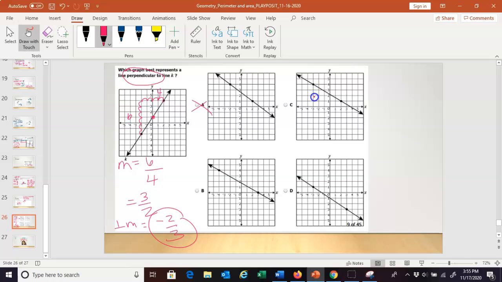Down 2. These are so close. Over 3. Nope, that one's not on the grid mark either. Down 2 over 3. Whoops. 1, 2. Nope. So it should be D. Let's check it. Down 2 over 3. Boom, right there on the grid. Down 2 over 3. Yay. It is D.